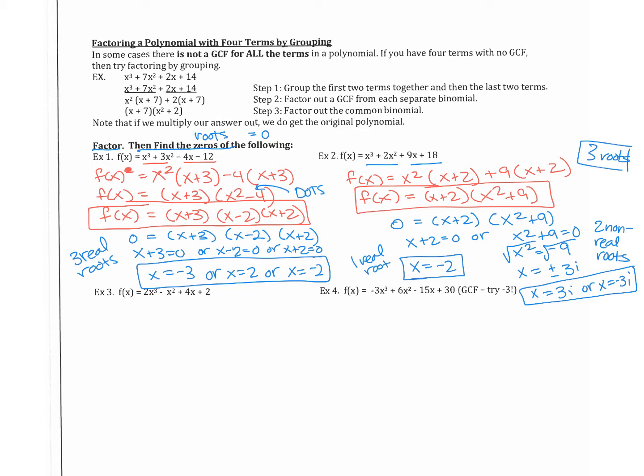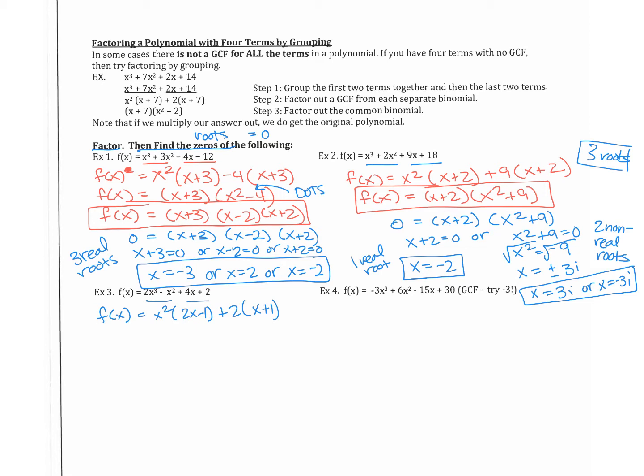My factor by grouping, if it works, notice I said if, I would pull out my GCF. So in this problem, I would get an x squared, and I get a 2x minus 1 left over. My next one, I have a 2 in common, and I get an x plus 1. This is where I want you to stop.